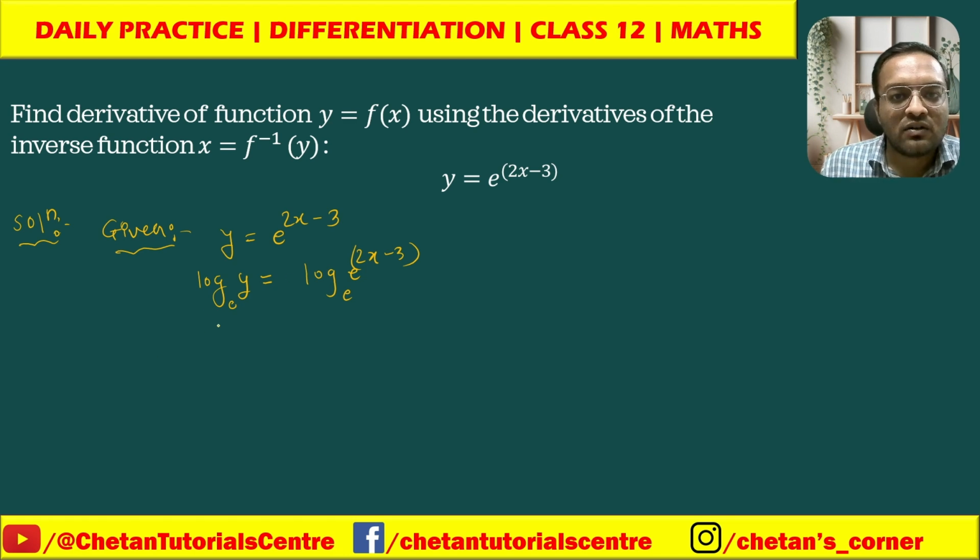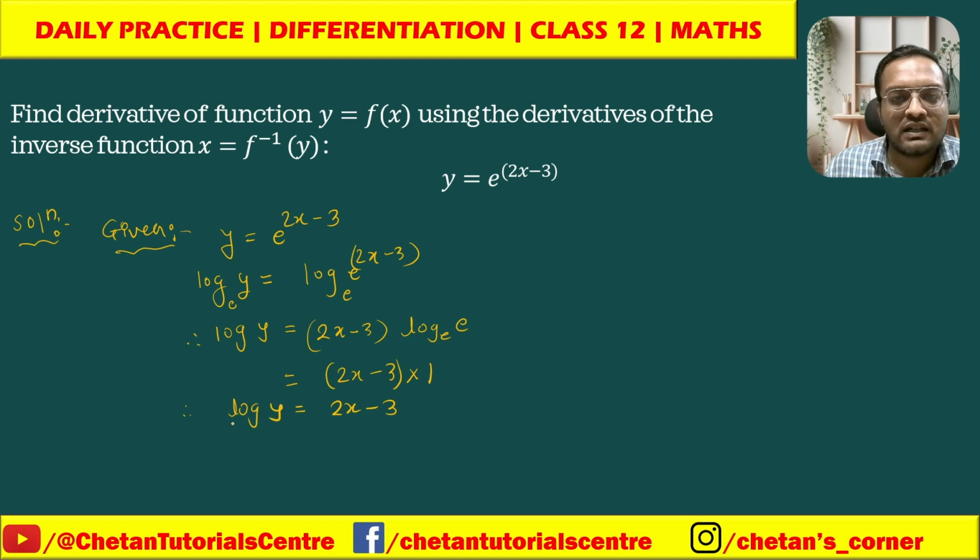Once I take log of both the sides, I will simplify this. Log of y is equal to 2x minus 3, and I will take it ahead of log of e to the base e. According to logarithmic rules, log e to the base e will become 1. So 2x minus 3 into 1, that is 2x minus 3, is equal to log of y. Now I will shift this 3 to the other side.